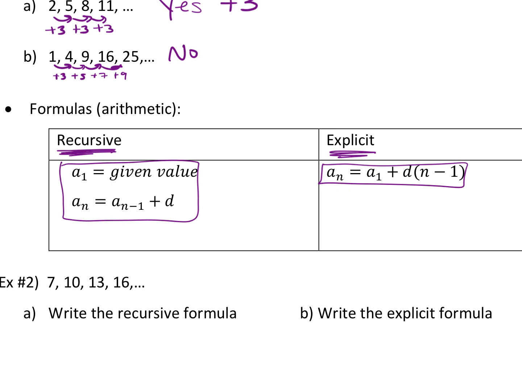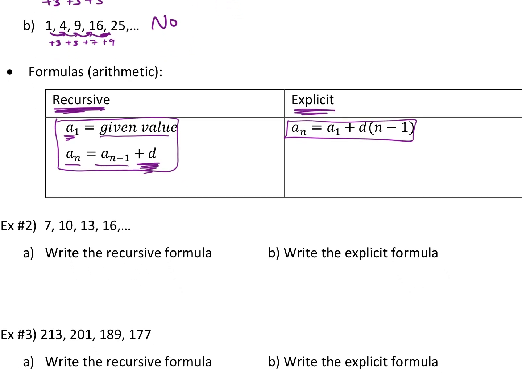All right, so in this setup, notice what's happening. A sub 1 will always be your first term, the given first term. A sub n is a sub n minus 1 plus d, with a common difference. That's the recursive formula. The explicit formula is a little bit different.